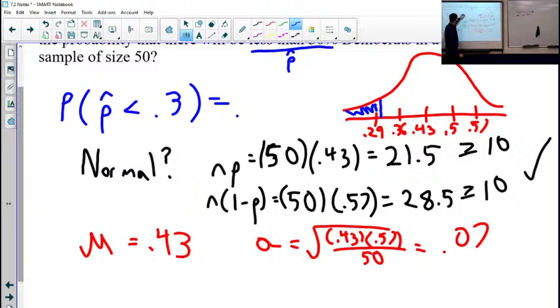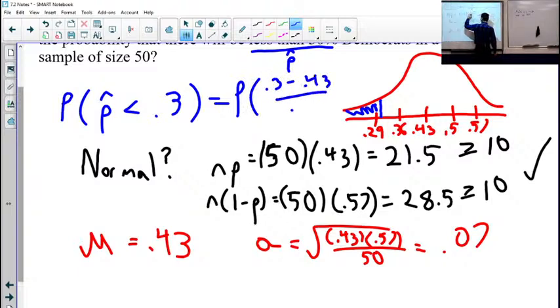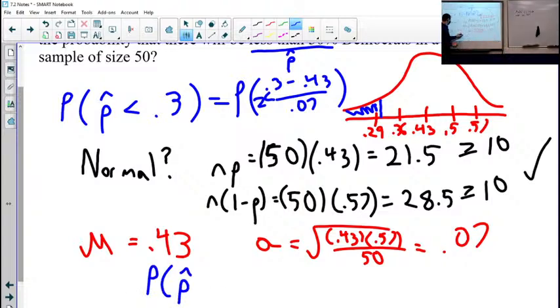If you prefer z-scores, then the z-score formula that you're using is the value 0.3 minus the mean 0.43 over the standard deviation 0.07. That z is less than this value. So either way you want to do the normal CDF.